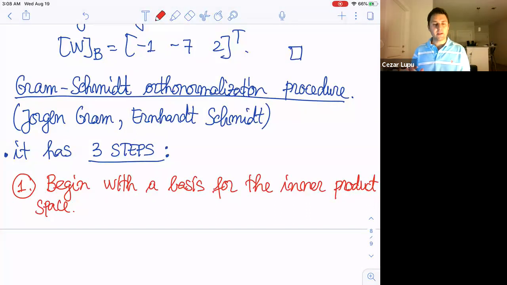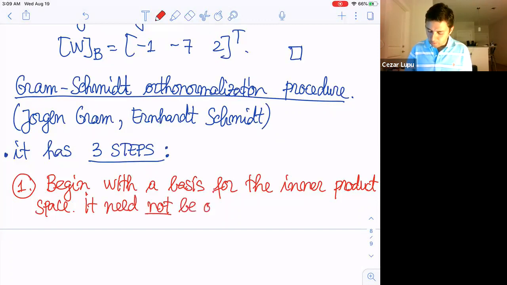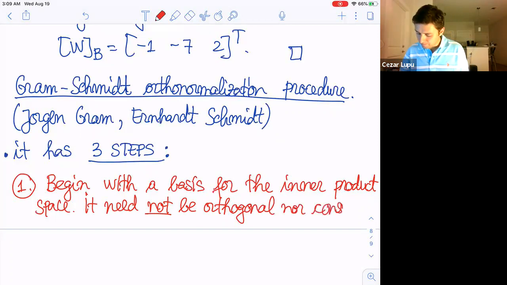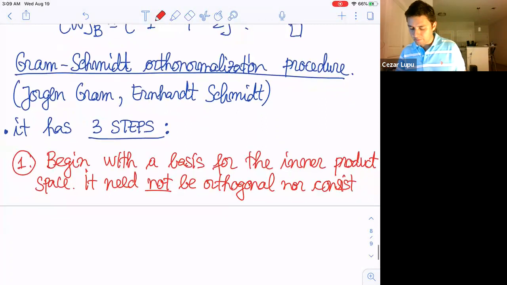We don't necessarily need that basis to consist of vectors which are orthogonal or unit vectors. It need not be orthogonal, nor consist of unit vectors.